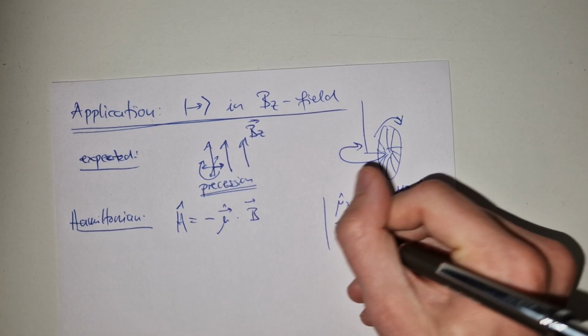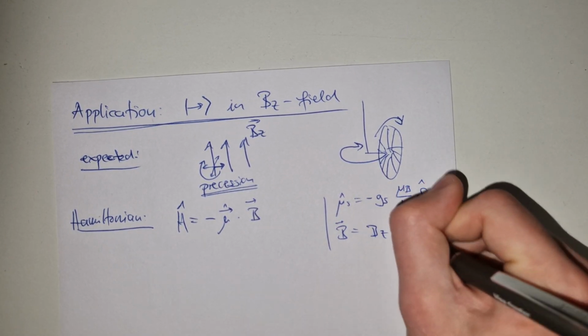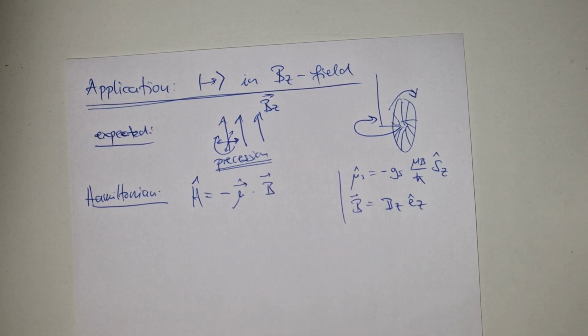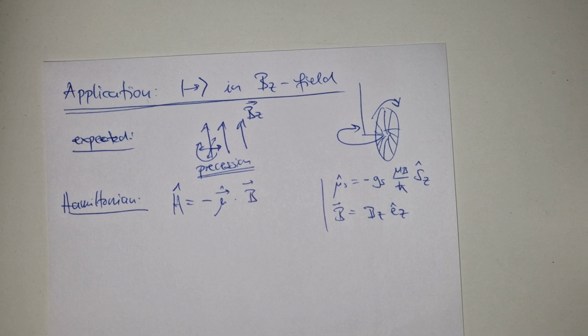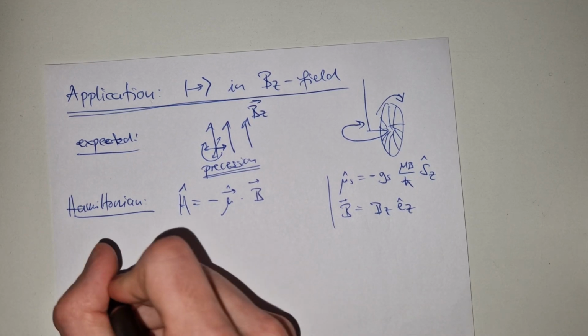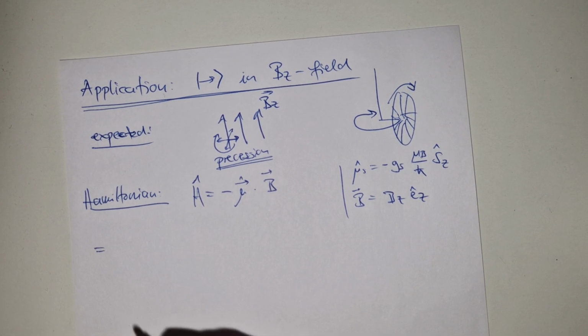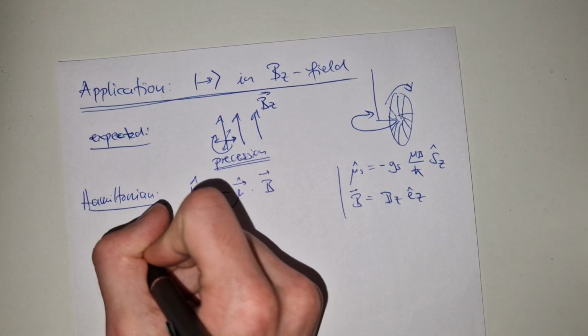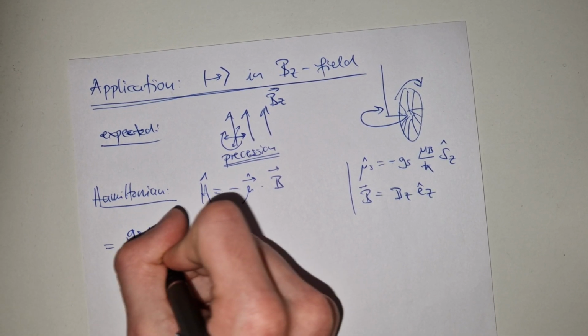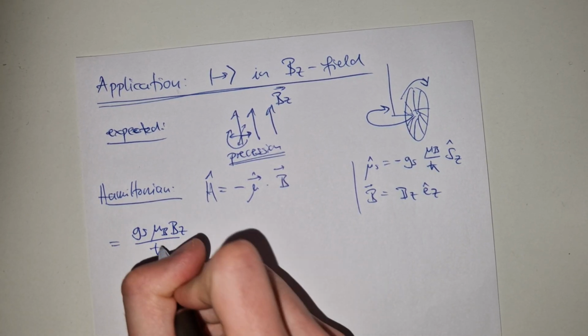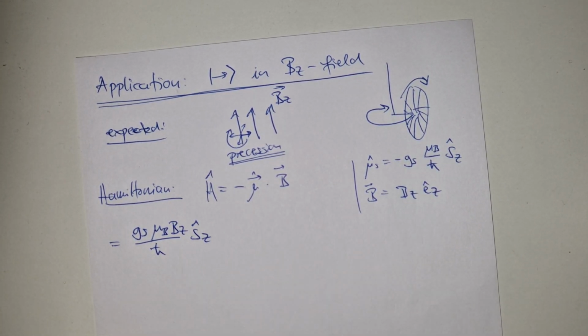And of course our magnetic field is pointing in the z direction, so this dot product can be simplified to a simple multiplication. And what we get is, well, this minus and this minus cancel out, so we get G factor times Bohr magneton times magnetic field in z direction divided by h bar times spin z operator.